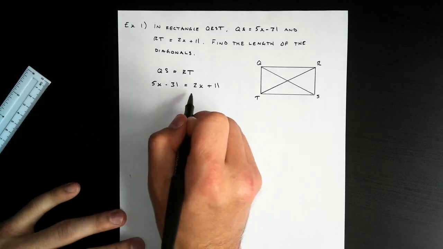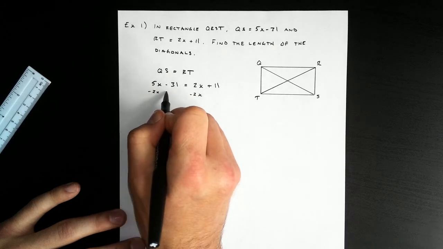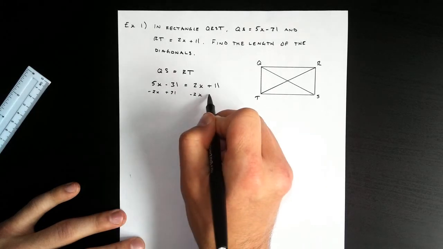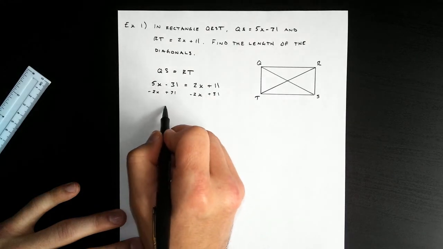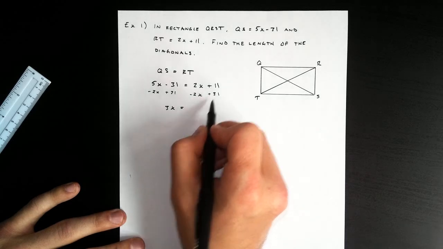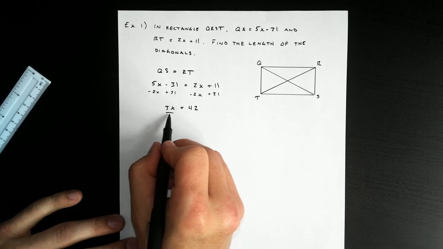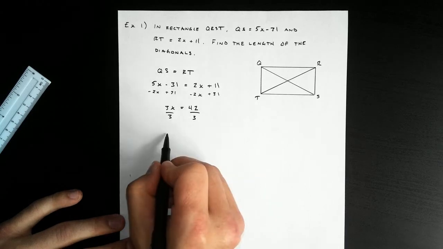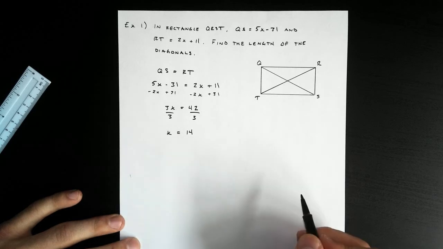And now solving this equation, just use our algebra. So subtracting 2x, adding 31. So we get 3x is equal to 42. And then dividing both sides by 3, we get x is 14.